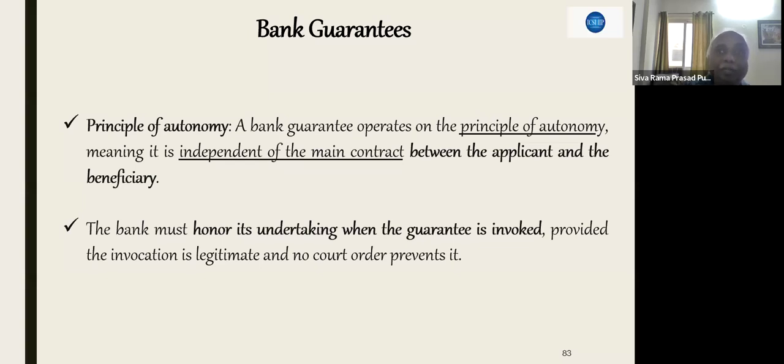Whenever it is invoked, if I receive a court order, in that case I have to stop. Only I will listen to the honorable courts. The beneficiary has invoked, and the borrower, the applicant, is telling me, don't pay, sir, don't pay, sir. I don't listen to the borrower's word.